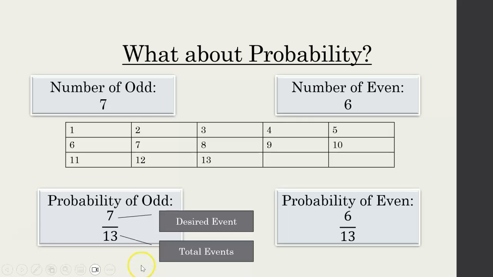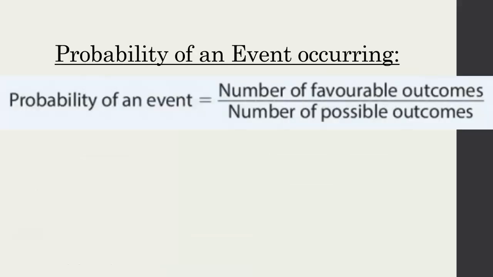And just like that, if I wanted even numbers, I would multiply it by 6 over 13. So probability, this number, gives me a way of determining how many times this event would actually happen. If I roll the die 1,000 times or 50 times or 70 times, I can just multiply it by this and guess roughly how many times it would be.